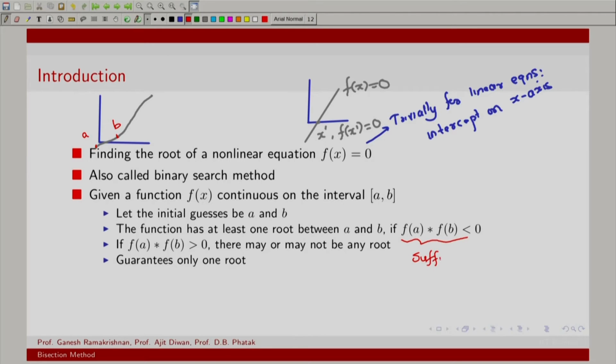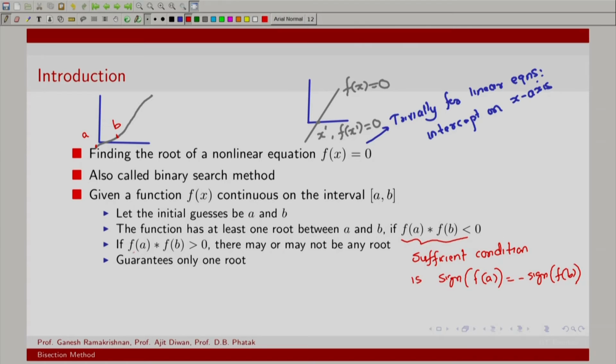So, the sufficient condition is that the sign of f(a) is minus of the sign of f(b). Well, this basically means that the product of f(a) and f(b) is negative.